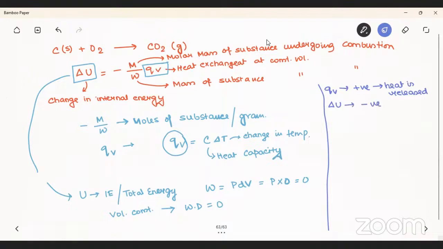That means the system loses heat; this I am doing on the next page. So this equation you have copied in your copy, the whole equation including this negative sign.